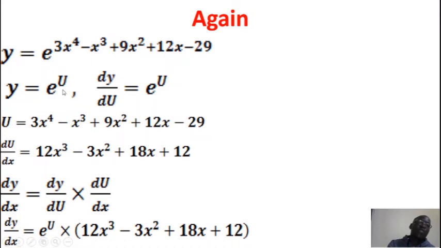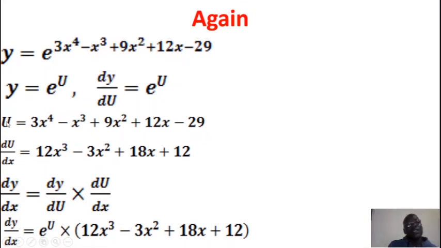So the derivative of this with respect to u is simply e raised to power u, knowing that if y is equal to exponent x, dy/dx still remains exponent x. Don't worry, when you come back to class, we shall give you the expansion of an expression that represents exponent x, and you will know the reason why the differentiation of y with respect to x still remains what it is under the exponential function.